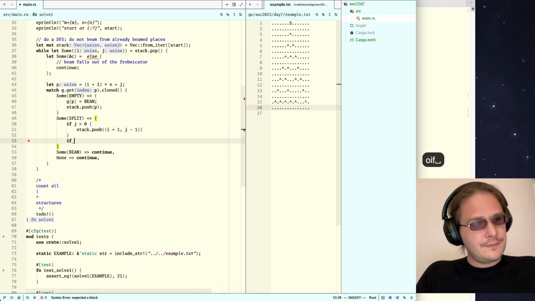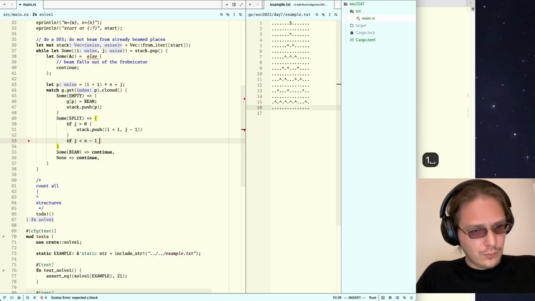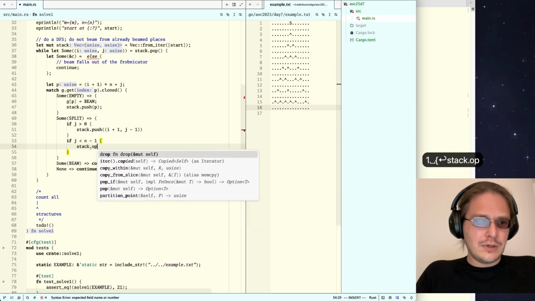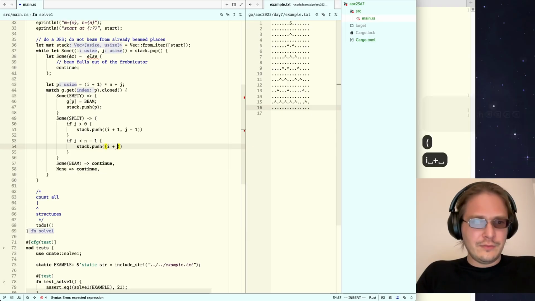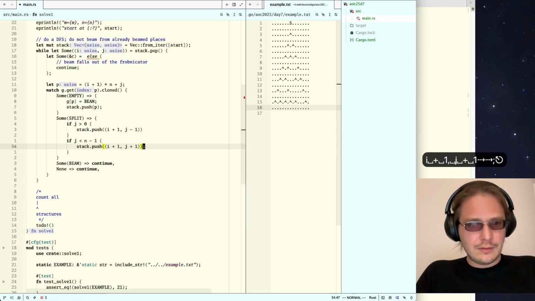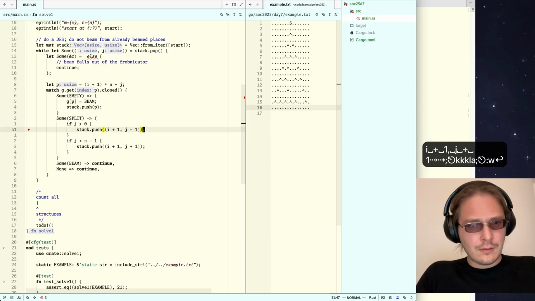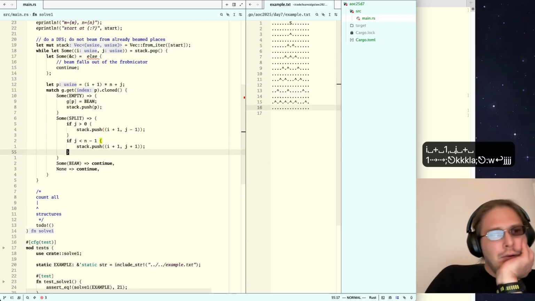If j is less than n minus 1, then we can push i plus 1, j plus 1.